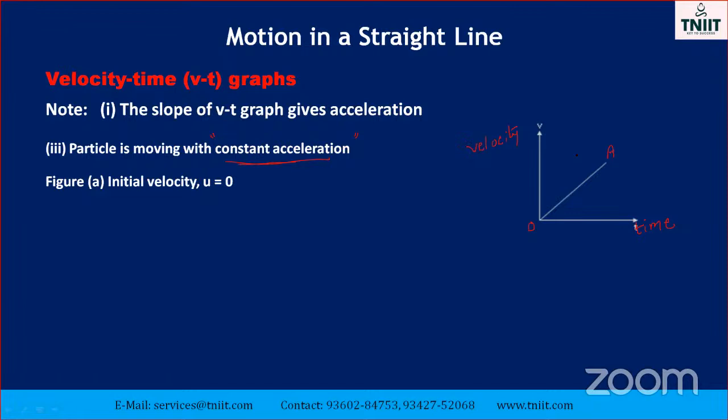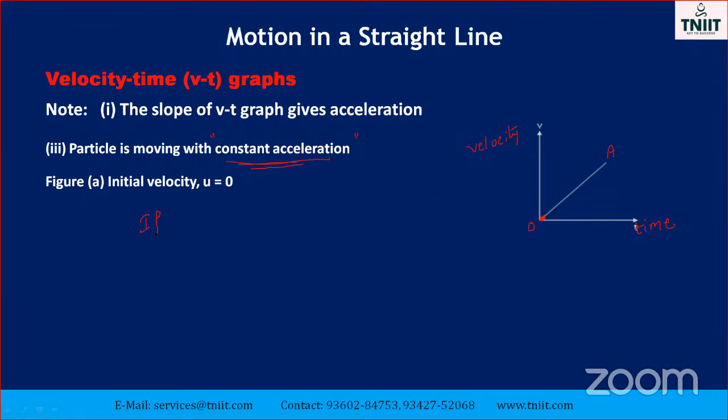The particle will not have zero acceleration; it will have constant acceleration. So this is how the graph looks for the particle moving with a constant acceleration, where the initial velocity is equal to zero.